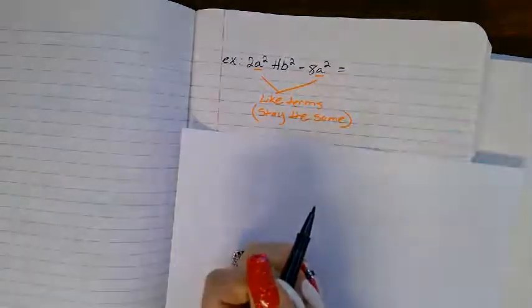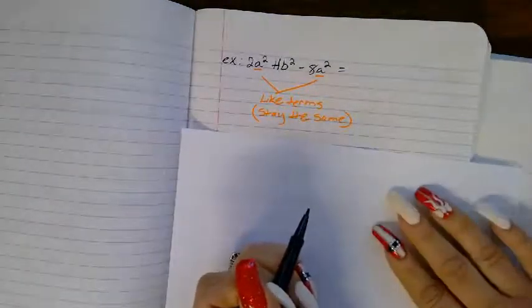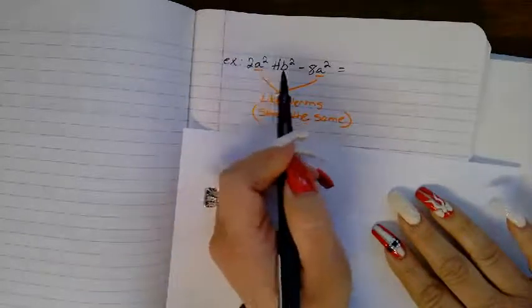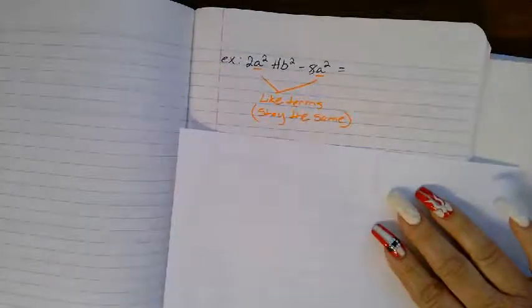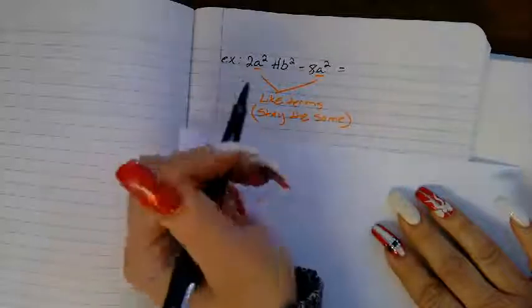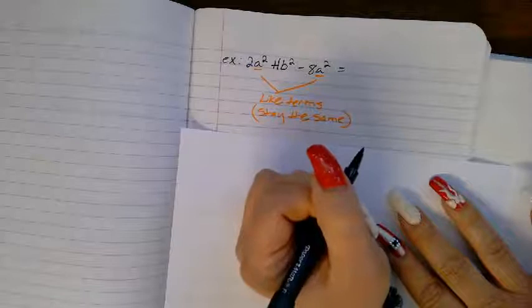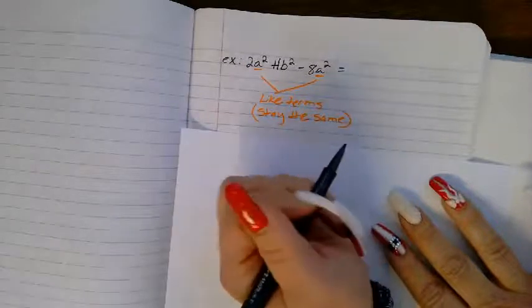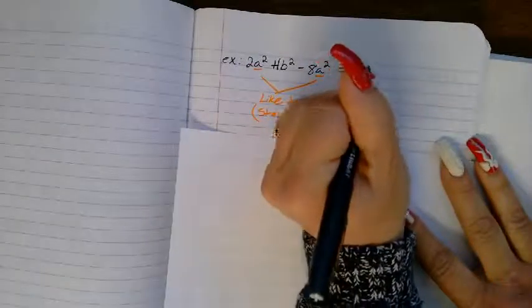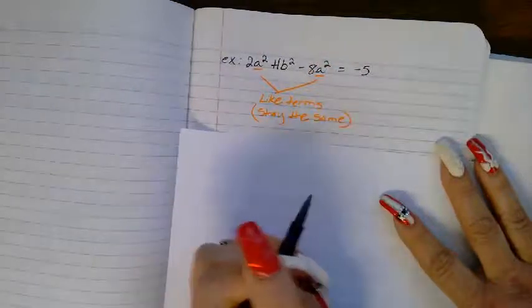So that gives us a negative, wait, did I do that right? I did it wrong over here. Sorry. Just caught my own mistake. So 3 minus 8, that would give us what, a 5? Or a negative 5, right? I wrote the wrong number over there. Confused myself. Okay, so we have a negative 5, right?